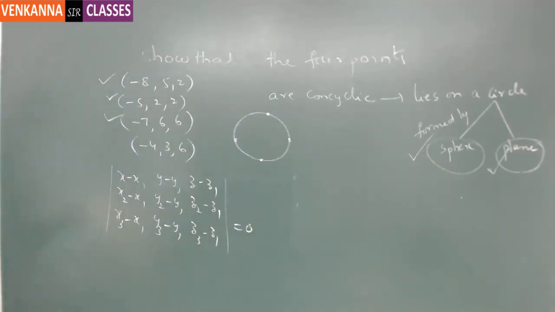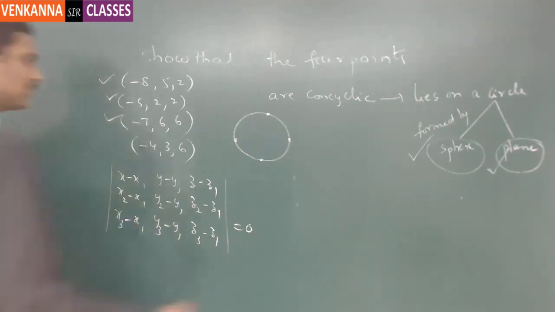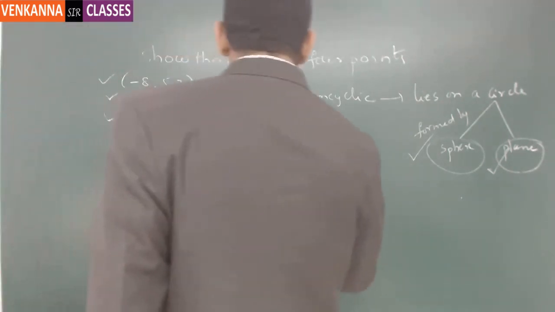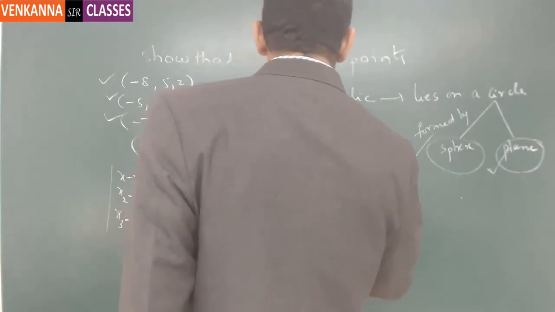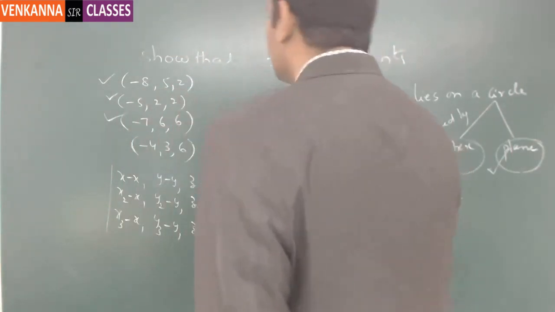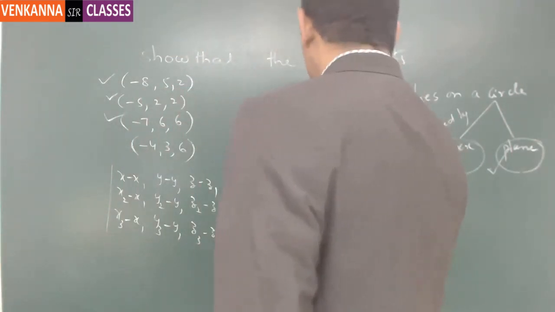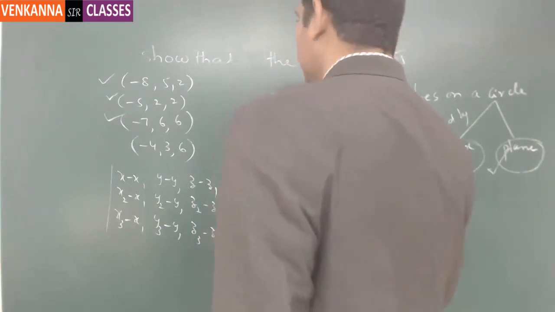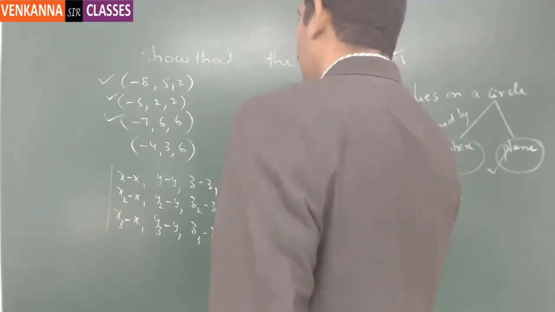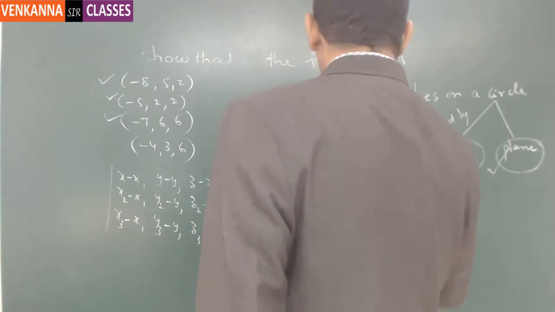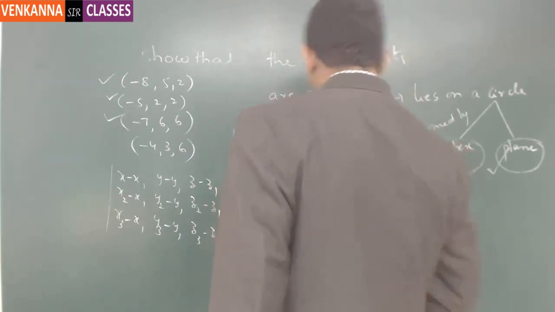You can consider any 3 points, so this is x1 y1 z1, x2 y2 z2 and x3 y3 z3. If you substitute the values here, I will take one more step: x plus 8, y minus 5, z minus 2, then 3, minus 3, 0 and 1, 1, 4 equal to 0.